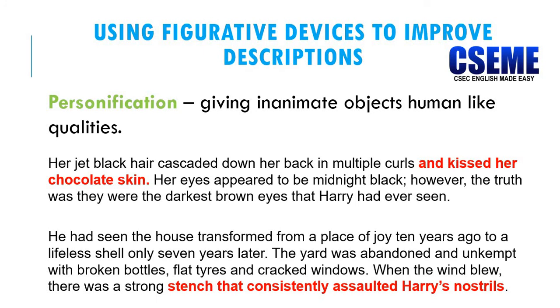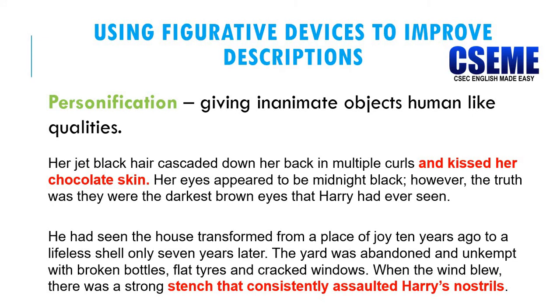Now, what is it about the stench that would have caused Harry to be assaulted? What is the writer trying to convey about the stench? Is the writer trying to say that this stench is so overwhelming, so powerful, so disgusting that it attacked Harry's nostrils?